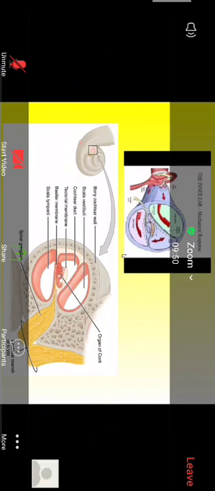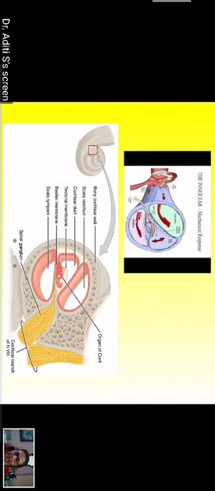This is called the helicotrema. And the scala tympani ends where? In this window. What is that window? Round window.